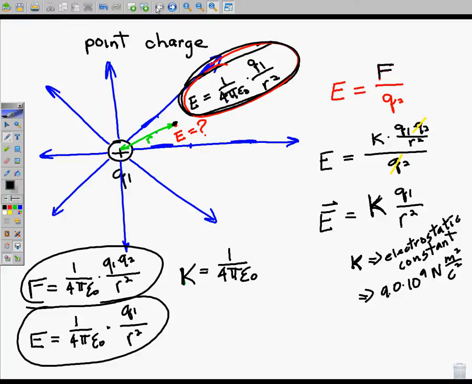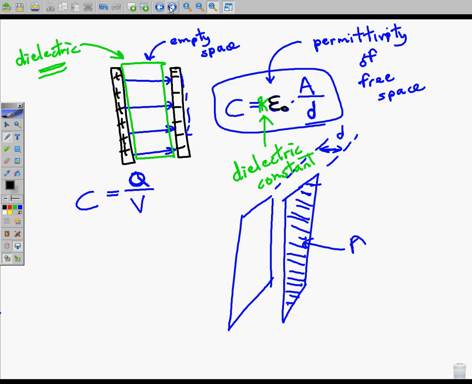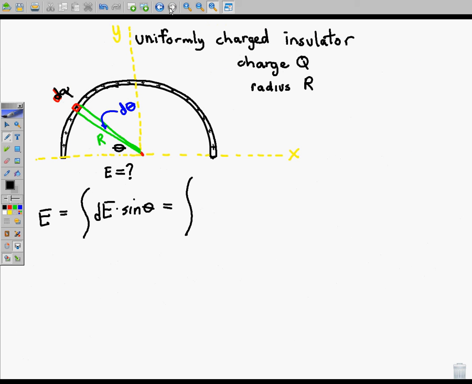This is the formula for the electric field strength due to a point charge. So coming over here, we could say that dE is equal to 1 over 4 pi epsilon 0, formerly known as k, times Q1 over R squared, yes? But now it's not Q1, it's dq.